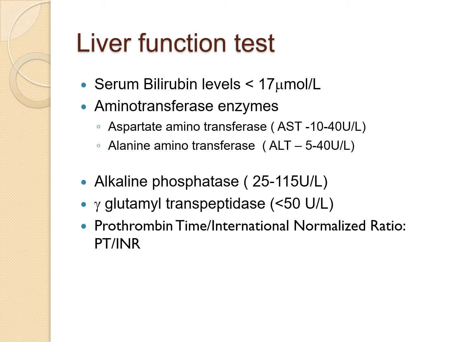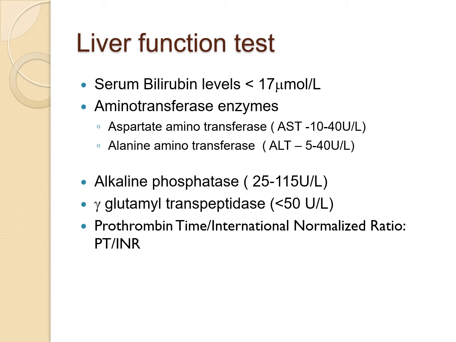What tests will we go for in a liver disease patient? The main things are serum bilirubin level, which is greater than 17 micromole, and aminotransferase enzymes, ALT and AST.